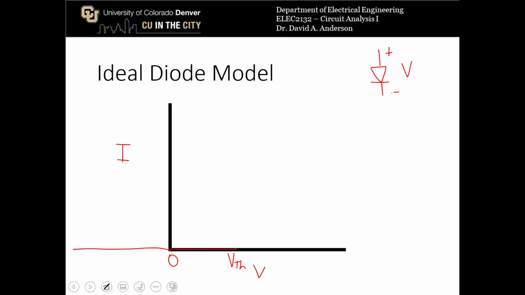When the voltage is above that threshold, the current can jump up to infinite. So what that basically means is that below the threshold voltage, the resistance is infinite because there's no current being pulled, and above the threshold voltage, the resistance is 0.